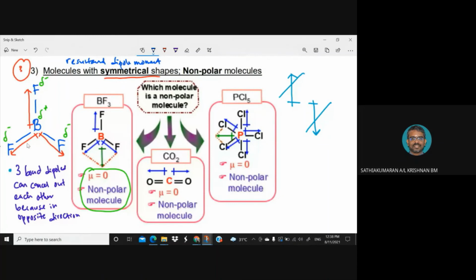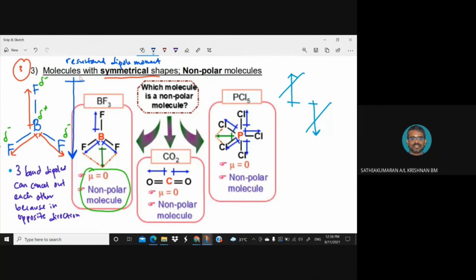Two bond dipoles you see going down, facing the more electronegative atom. That means the bonding electrons are more attracted towards downwards. So the resultant dipole is facing down. So you can draw one big bond dipole like this.